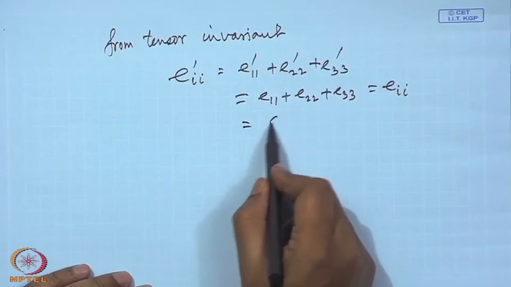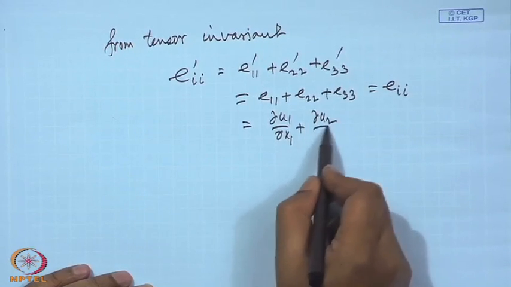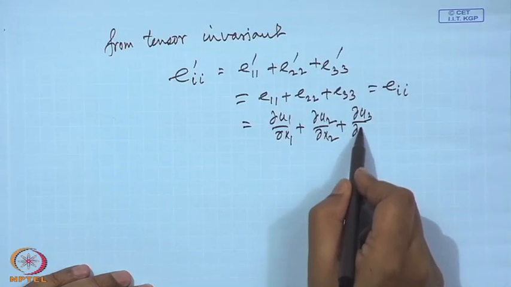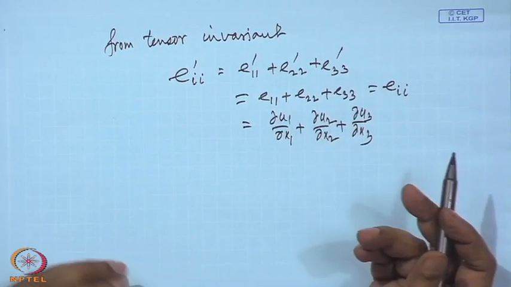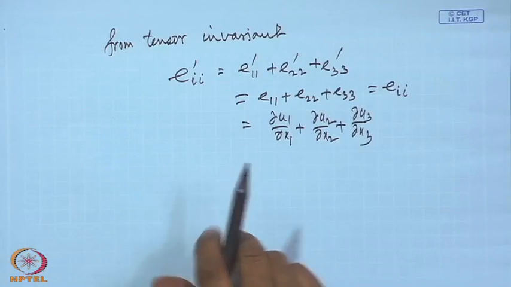So, this means du_1/dx_1 plus du_2/dx_2 plus du_3/dx_3. This u_1, u_2, u_3 you can replace with u, v, w, and x_1, x_2, x_3 you can write as x, y, z. What is this? This is the divergence of u.